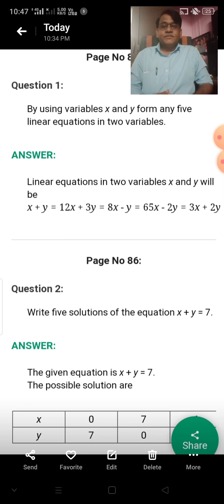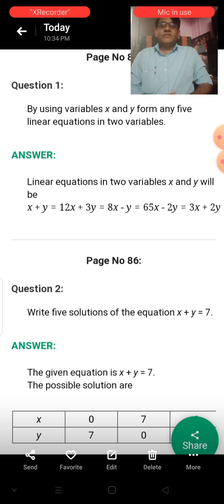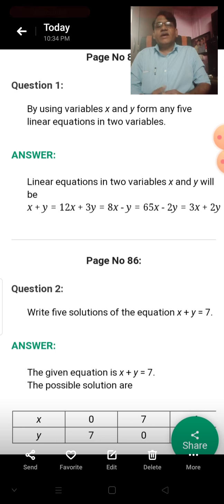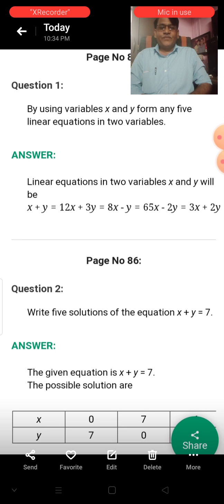From today, we start the new videos, and the new video starts from the fifth chapter, that is linear equation in two variables. We already completed the fourth chapter, ratio and proportion.